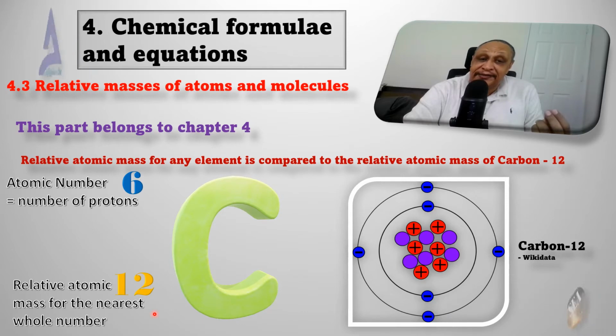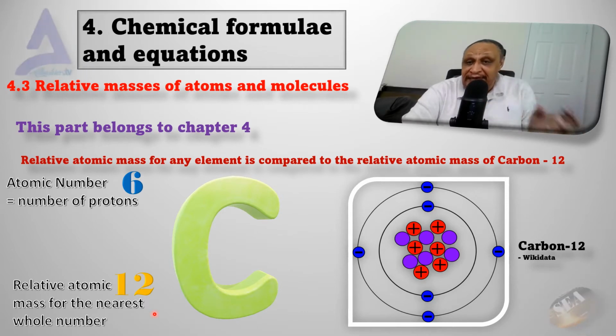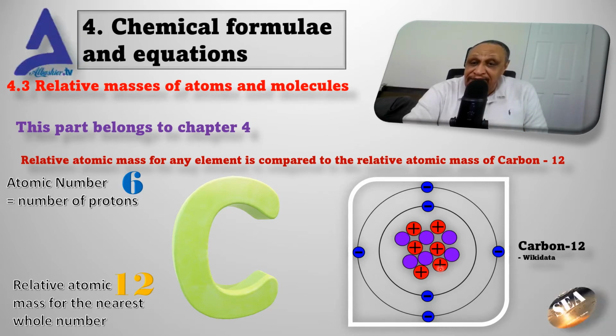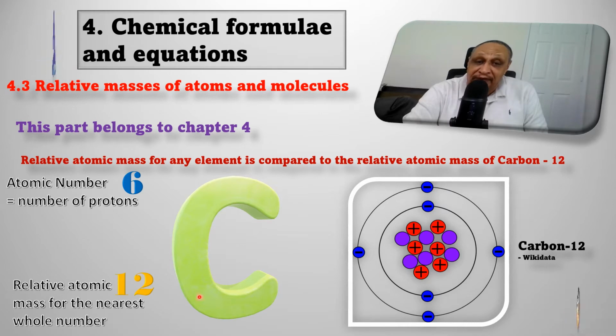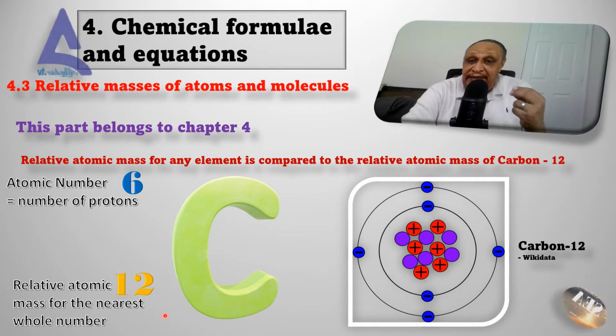The sum of the 6 and 6 allows us to understand that in the nucleus, you are going to see them here. The red ones are the positive protons, while those without charge are the neutrons, and all of them make 12, and this is called the mass number.